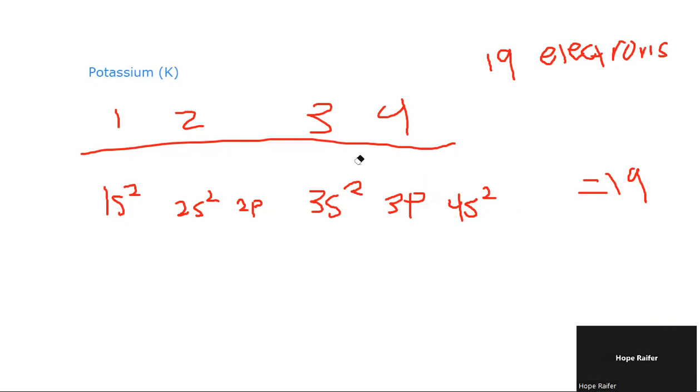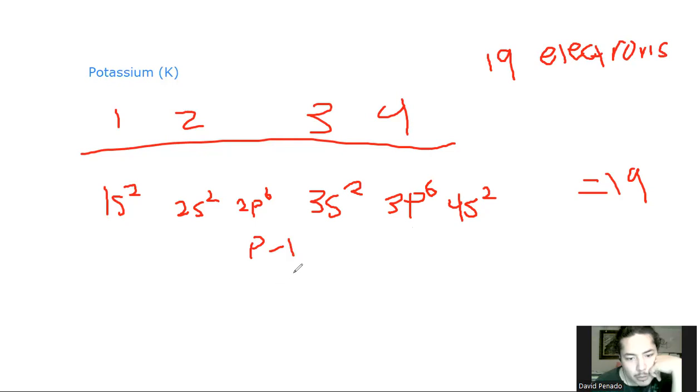Remember the max the p can hold? 6. Oh yeah, 6. Because these break down into the 3 p's, remember? The p-1, p0, p+1, or the x, y, z, whatever you want to call it.